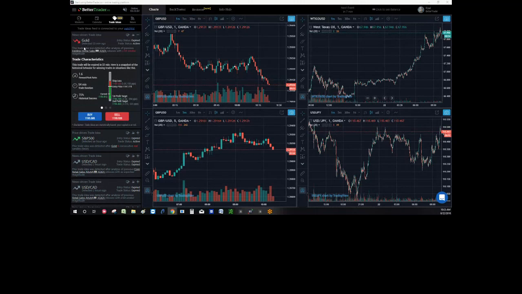So this trade idea, short gold, was generated because we saw in the past that 6 out of 8 times the market went down. So the trade characteristics are like a depth analysis of these 6 wins. This stop loss delta, this profit target, were reached by all these 6, and this risk reward is just a calculation for this.